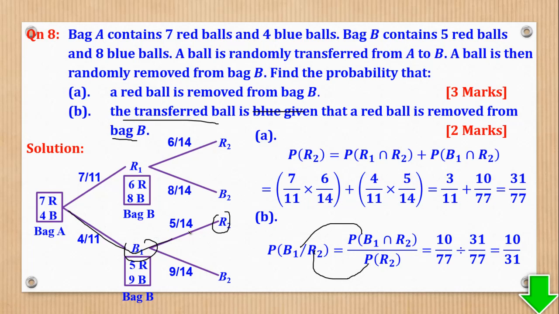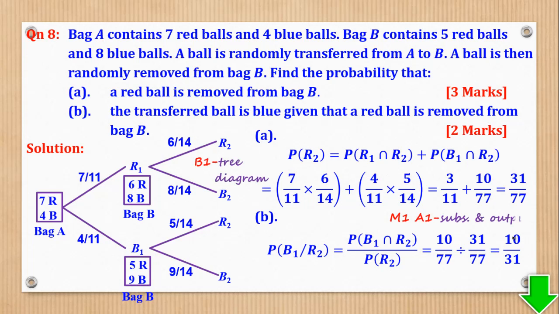So B1 R2, we already saw it was this, so just transfer it here. Then the probability of R2, we already calculated it here, and it was 31/77. So when we divide, we come up with 10/31, and that's what they wanted. So that's how the marks would be awarded.